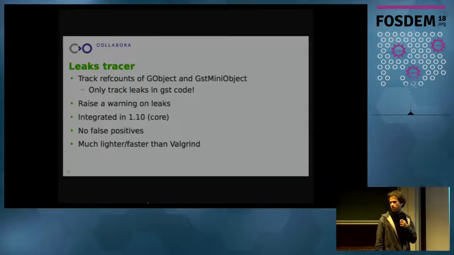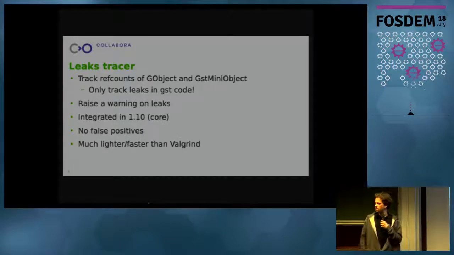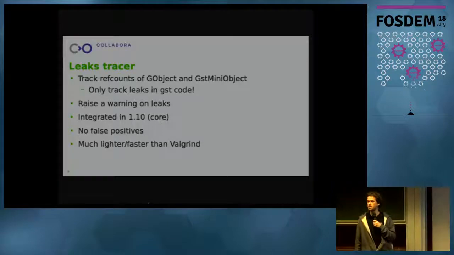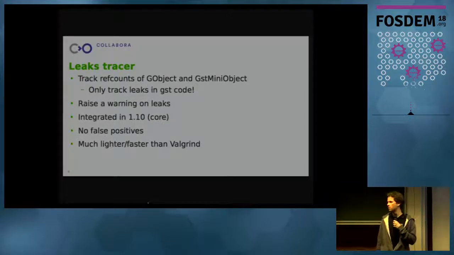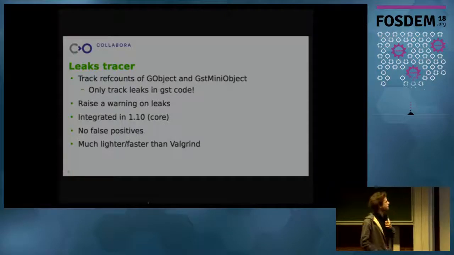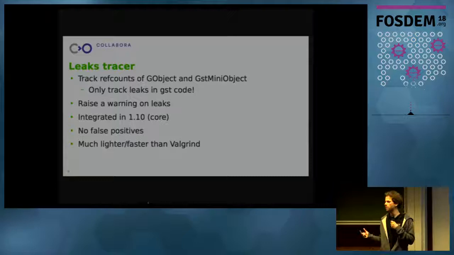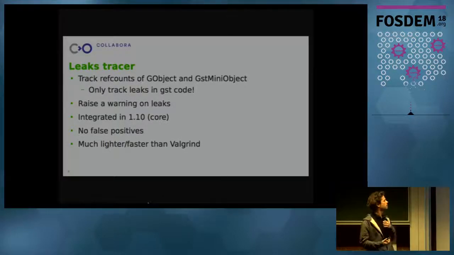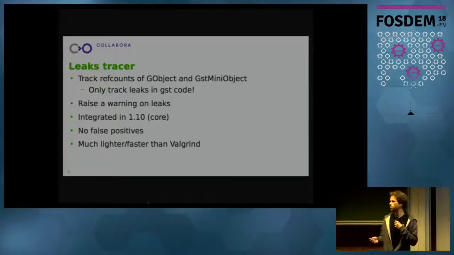Another problem of Valgrind is it may not be available on your platform. As Olivier said, we are doing a lot of embedded development, which usually has terrible build systems and distribution and this kind of thing. And it may be a challenge just to get Valgrind running. And finally, you may find a lot of memory leaks, or false positives, which appear as memory leaks to Valgrind but are totally not related to your code.